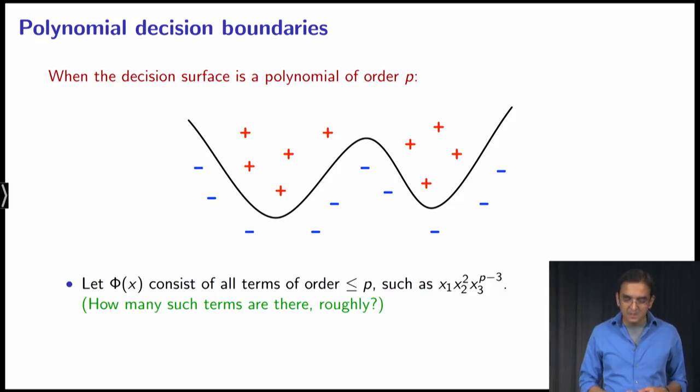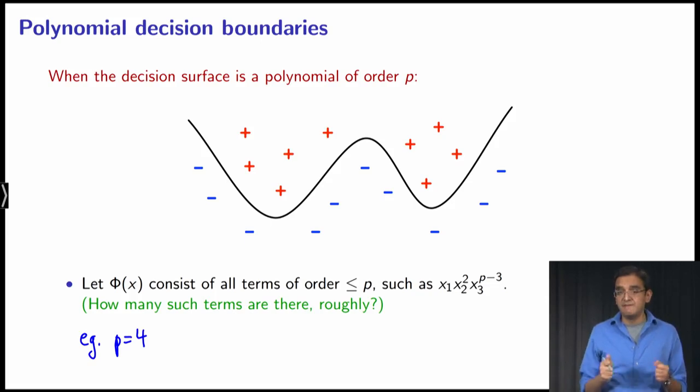So what is our embedding? What is the expanded vector phi of x in this case? As usual, we take the original features, x1 through xd, but now we also throw in all terms of order up to p, where p is the degree of the polynomial we want. For example, let's say we want a boundary that's a degree 4 polynomial, so p equals 4.